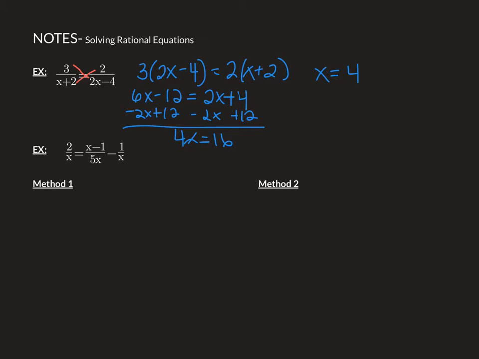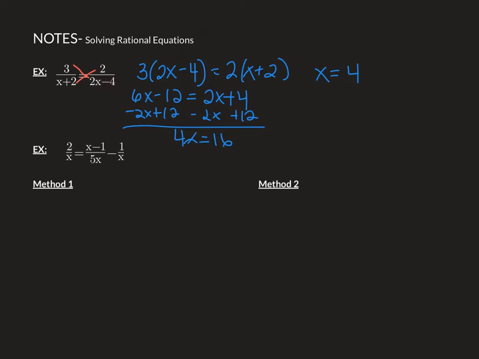Now, the one thing we didn't really talk about in Algebra 1 and maybe even into geometry is what causes a problem with a rational expression or a rational equation. Well, there's a problem if the denominator equals 0. So, one of the things we want to do when we're solving rational equations is check to make sure that our denominator does not equal 0.